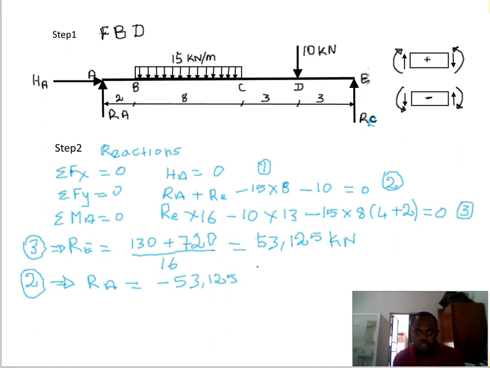We have this value already, so I just punch it in the equation.